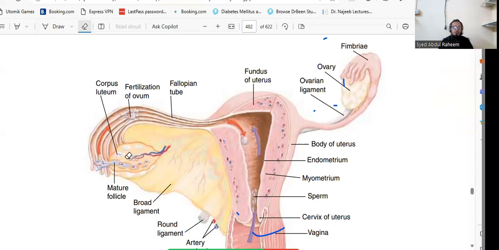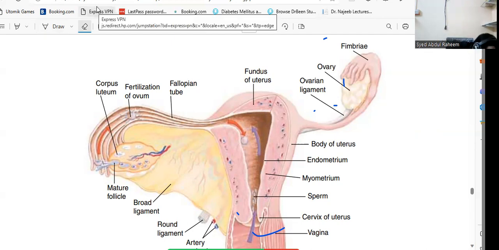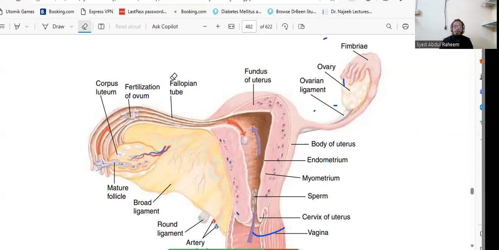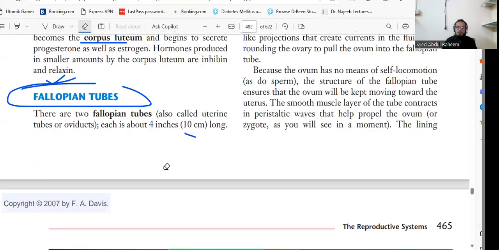The fallopian tubes help to enter the ova into the fertilization area. So they will grasp the ovum. Here the fallopian tube is very much required.